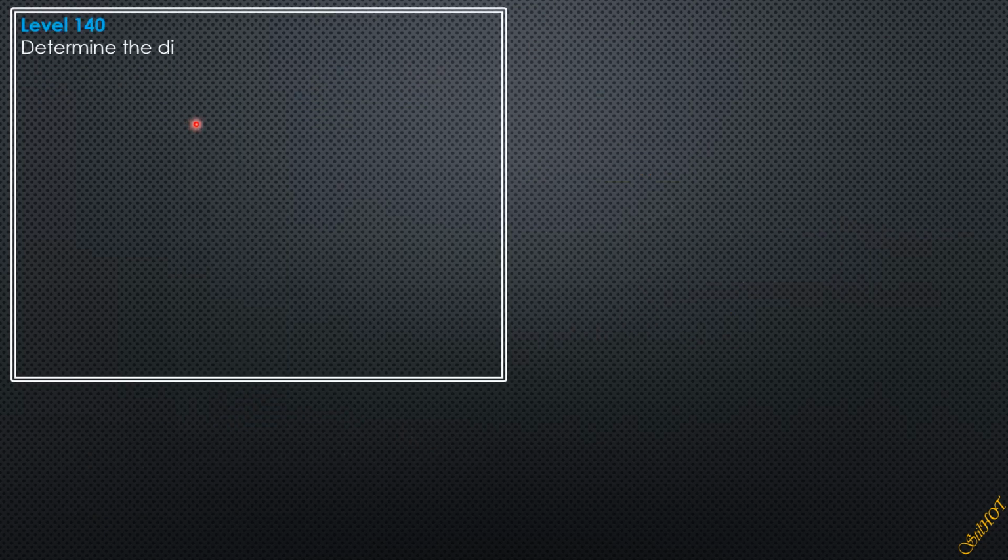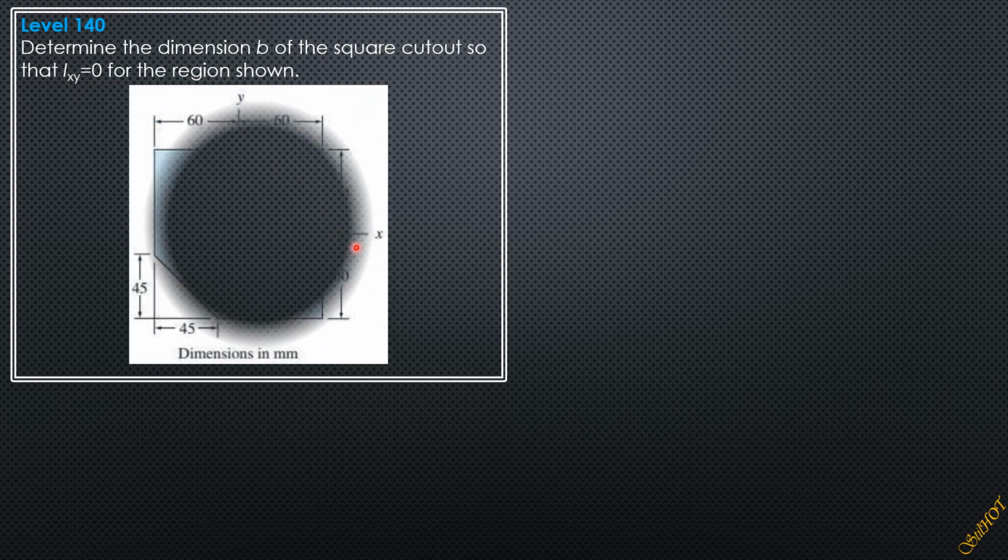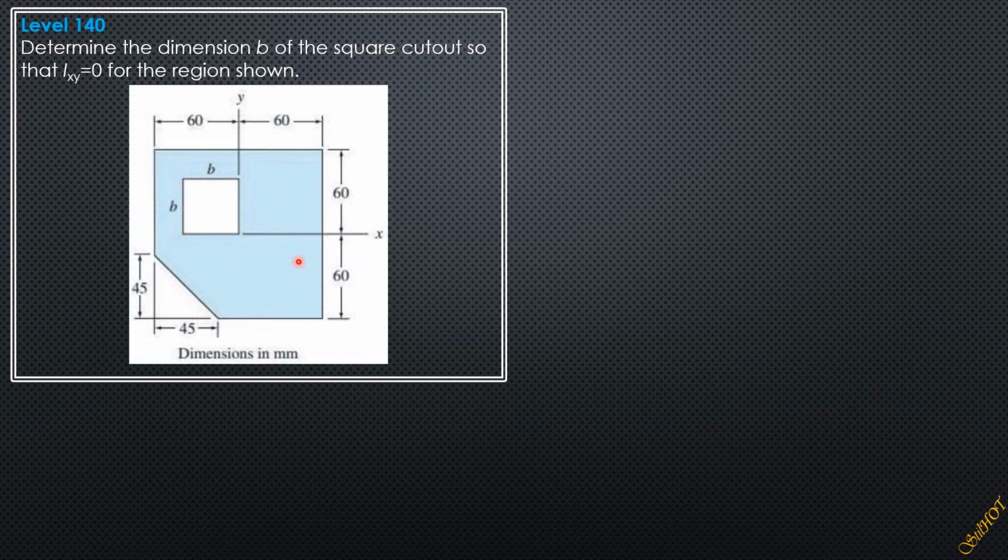Problem 140, the last problem in this batch of problems. Determine the dimension b of the square cut out so that Ixy is 0 for the region. So here's the given figure, then we treat this as Ixy of the rectangle, which is 0, minus Ixy of the cutouts. It is 0 because the x and y axes coincide with its centroid.